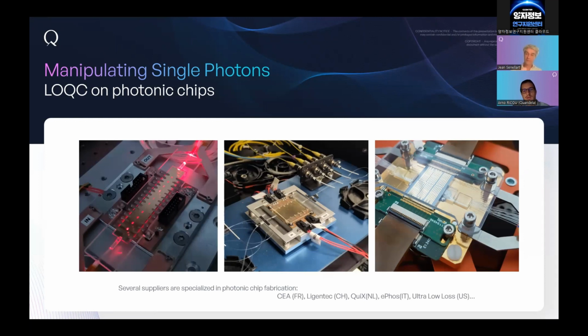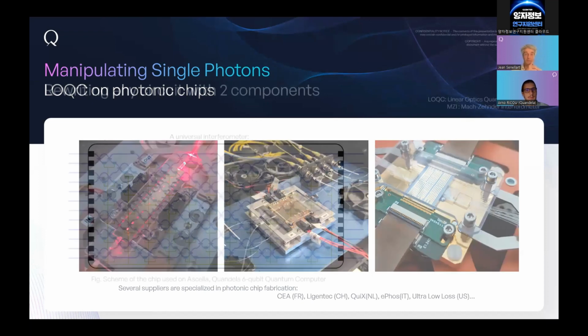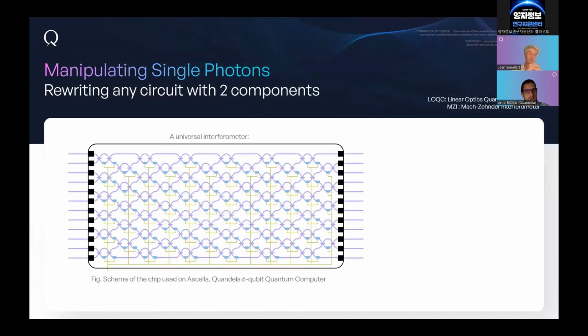In order to control what you want to do, you have these electrical connections. And we design our own chip and then ask suppliers to produce them, such as Sceality, LioniX, QuiX, eForce, Ultraloaders, and so on. And that's the universal interferometer I've been mentioning several times now.